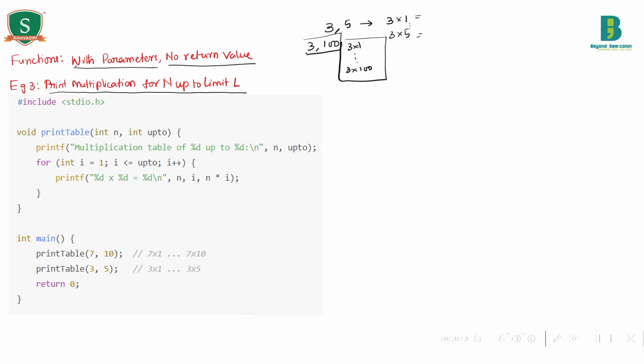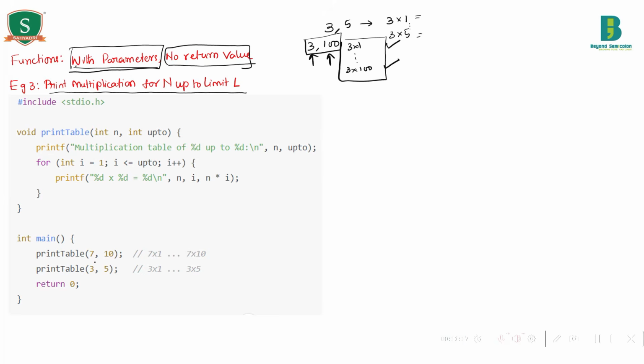If you observe here, we are passing 2 values, that means we are giving parameters to the function. It is not returning any value, instead it is printing the values from 3 multiplied by 1 to 3 multiplied by 100. Let us see this example.